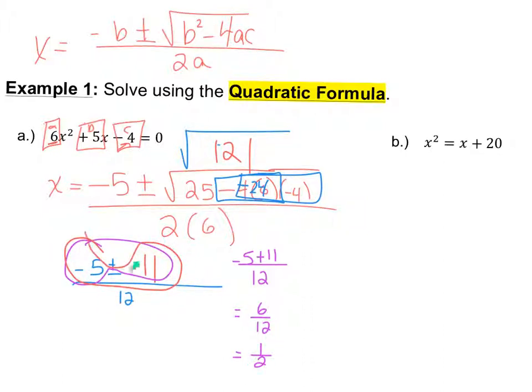The other one is negative 5 minus 11, divided by 12. And negative 5 minus 11 is negative 16, divided by 12. Negative 16/12 is really negative 4/3. So those are your two answers right there. x is equal to 1/2 and x is equal to negative 4/3.